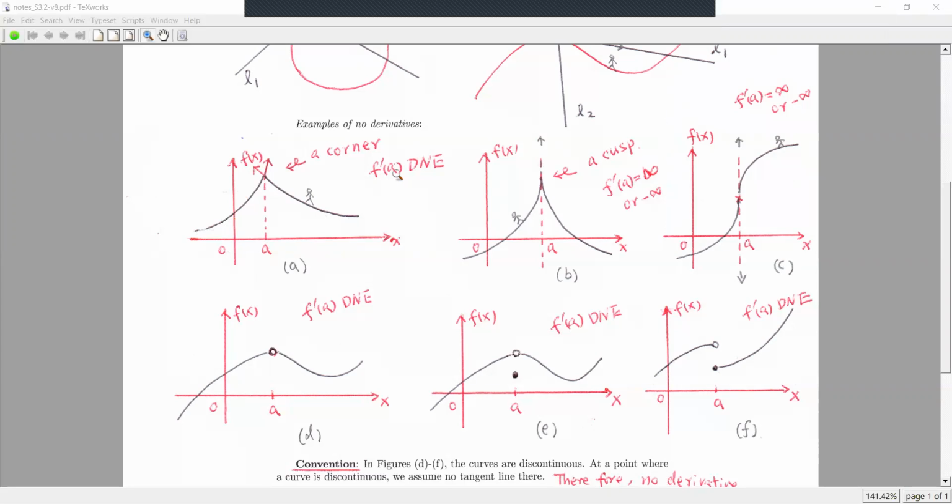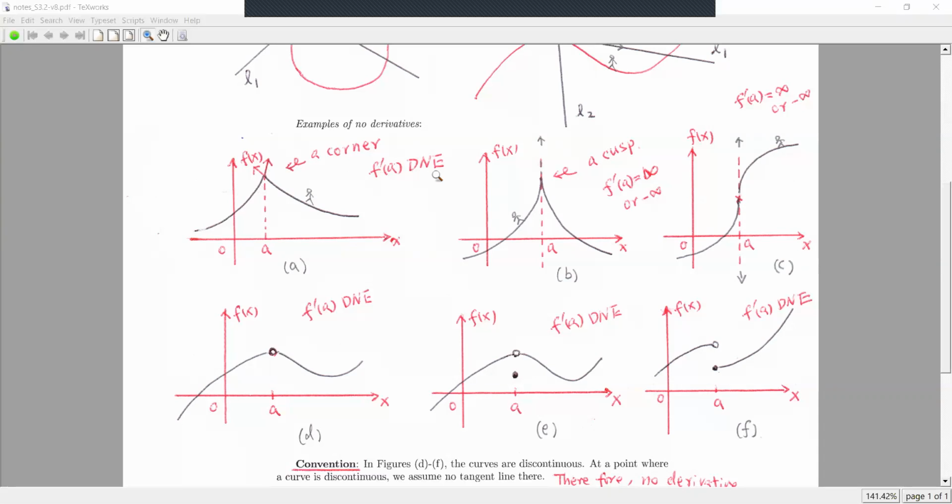Because derivative at the point A is the slope of the tangent line at the point A. At the corner, no tangent line, so no derivative there. In other words, derivative there doesn't exist.